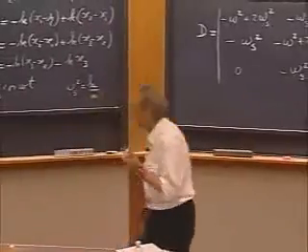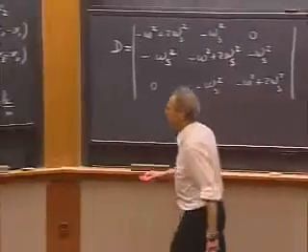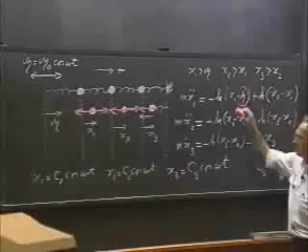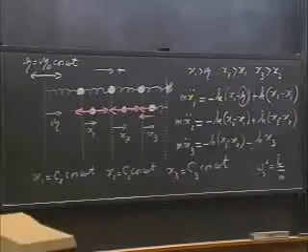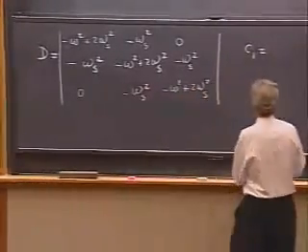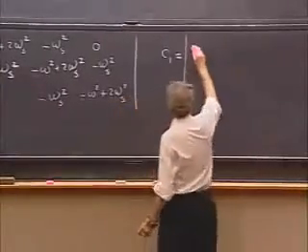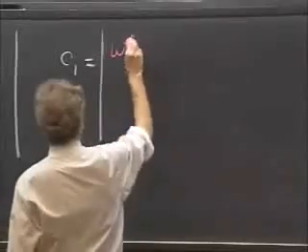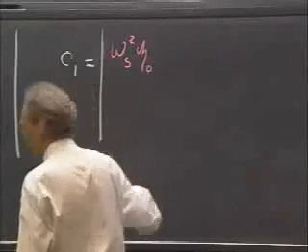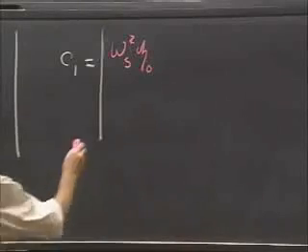And the first column will reflect this eta. Because the right side now is not going to be 0, remember, like the double pendulum. And so in the first column, you're going to get omega s squared times eta 0, and then you're going to get a 0 and a 0.